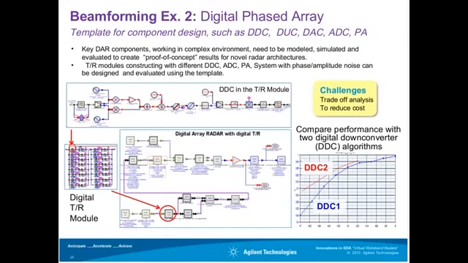As can be seen here, in the TR module, we have DDC, including DAC, so you can change the digits and get performance. Finally, you can find the best result with the lowest digits, but the performance can be satisfied. In this way, you can do the trade-off analysis.